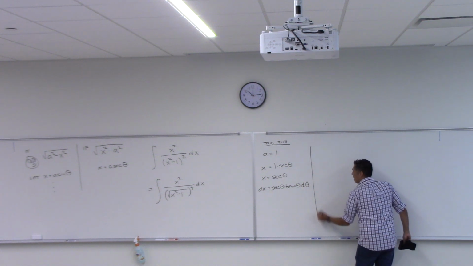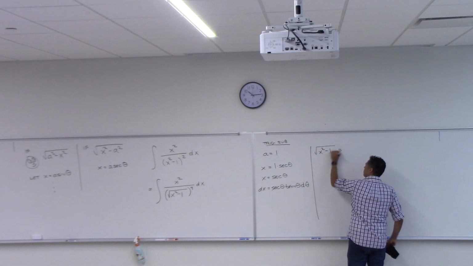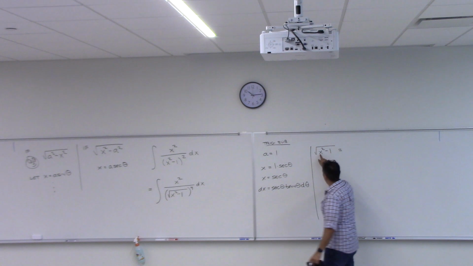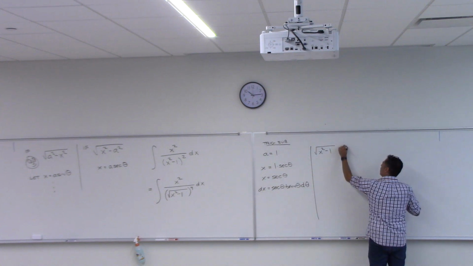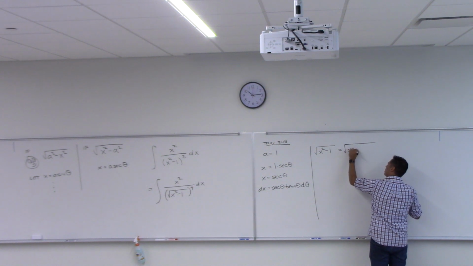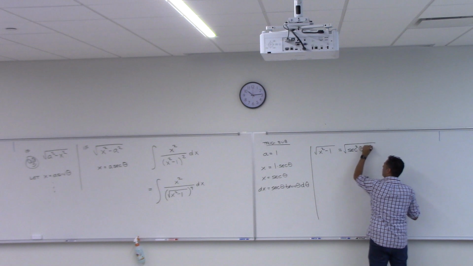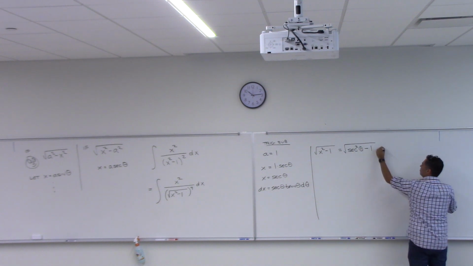Now I need to figure out, what does the square root of x squared minus 1 turn into, right? So what's x squared for us? This is the square root of secant squared theta minus 1. Oh, wait, hold on. What's secant squared theta minus 1? That's tangent squared theta.